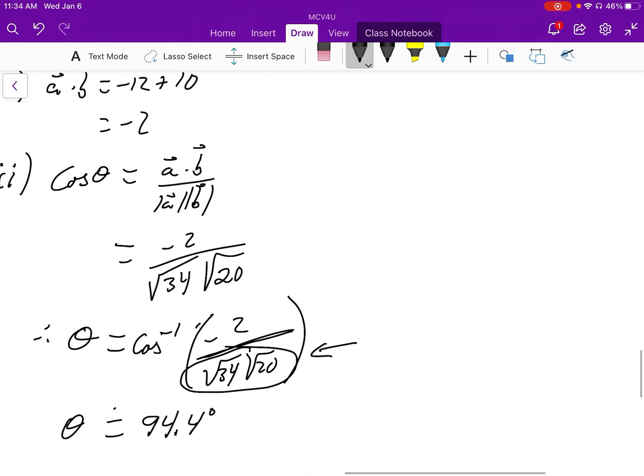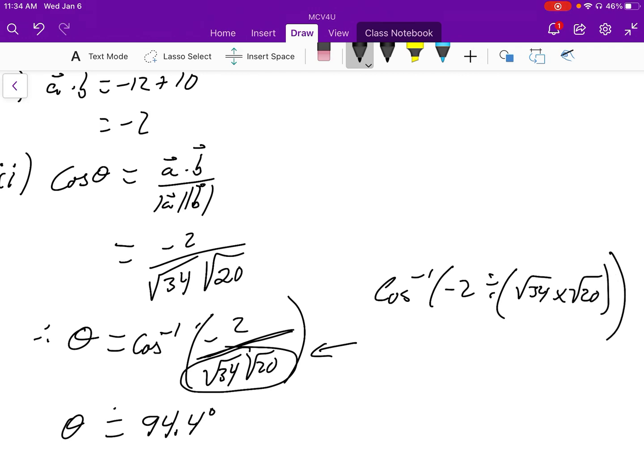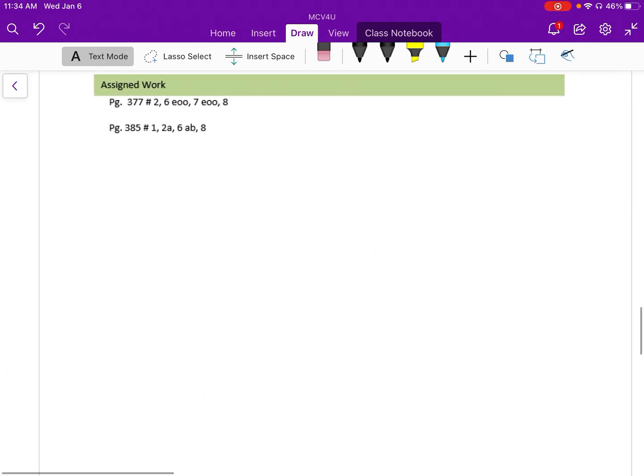What I do is when I use a bunch of brackets in my calculator, I put in the cos inverse, I have a bracket, it's negative 2, all right? And then I do the divide by, and I put another bracket in here. And I say it's the square root of 34 times the square root of 20. And then I end my bracket, another bracket, right? And then press equals, okay?